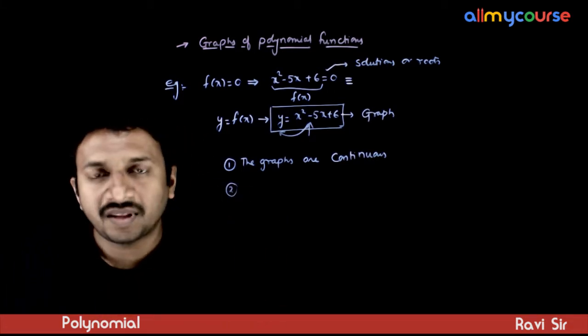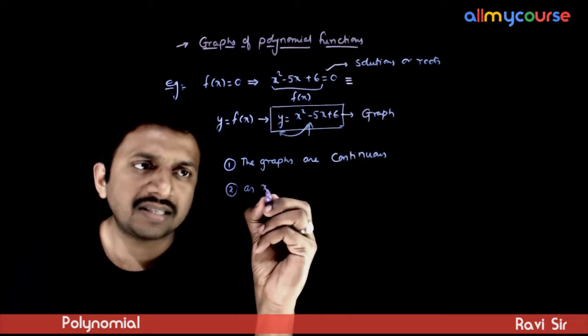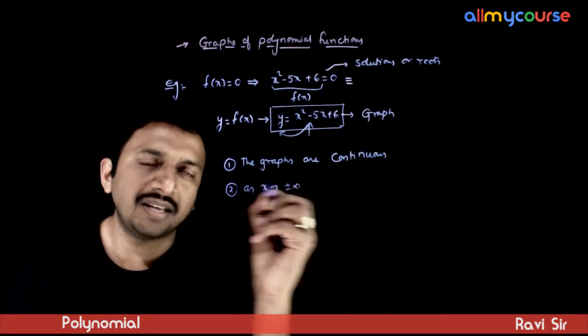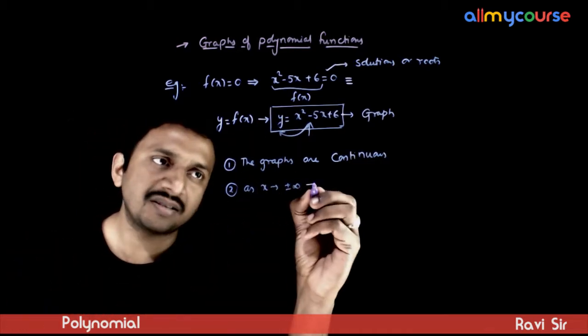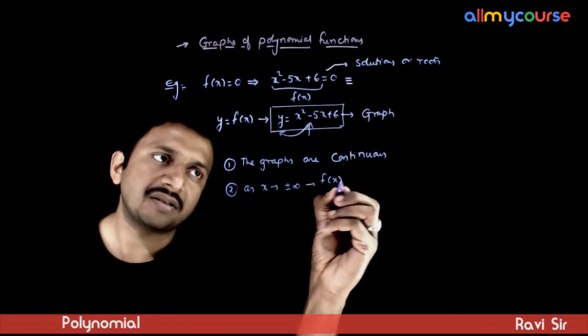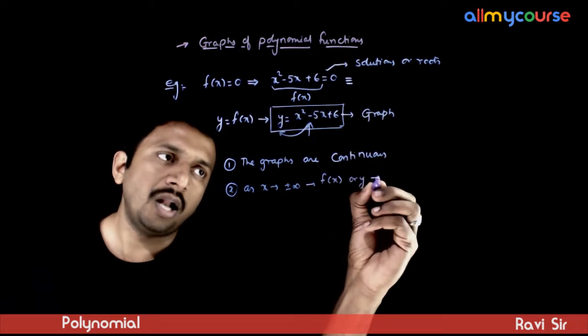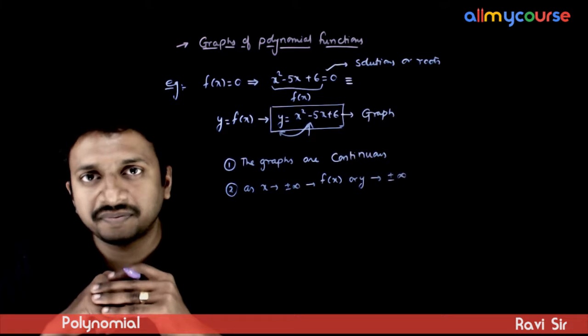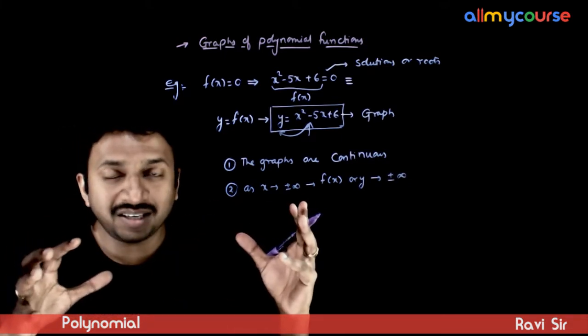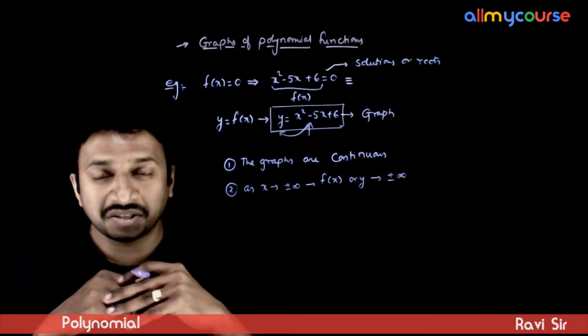Second, as x tends to plus or minus infinities, f of x or y also tends to plus or minus infinities. So as x goes to infinities, y's also go to infinities.